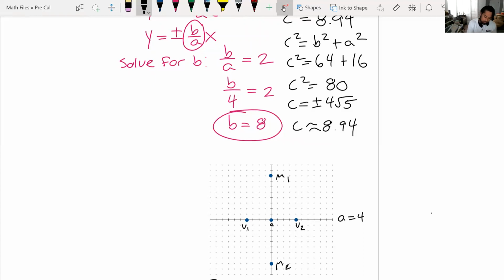And then c is 8.94. So basically, from the center, you're going to go out 9 units. So I'm just going to put it at 9. And there's our focus 2, focus 1, however you want to label it. Okay. And then, of course, let's go ahead and draw our little fundamental rectangle.